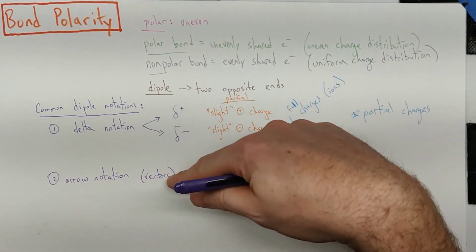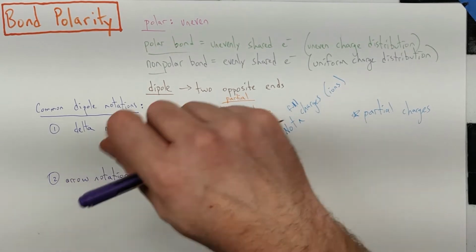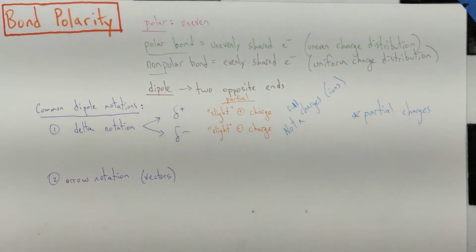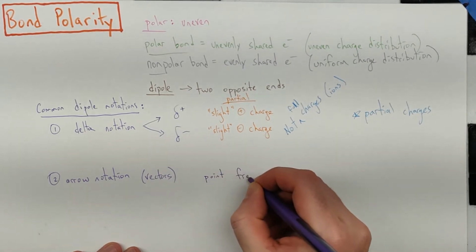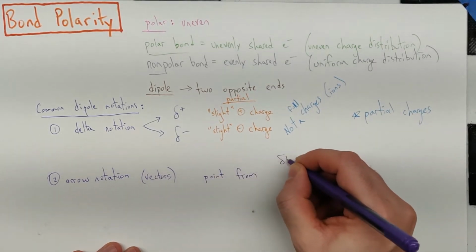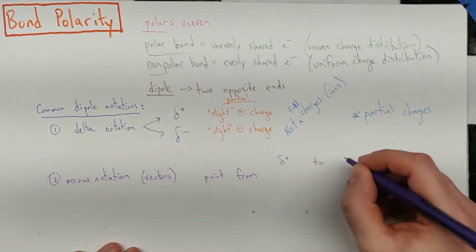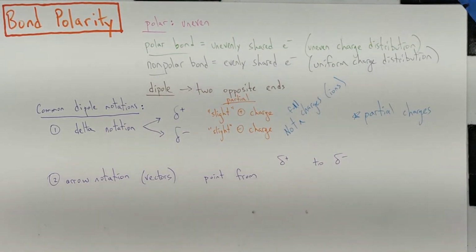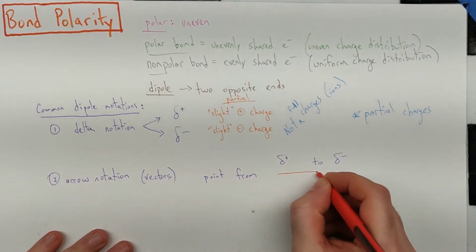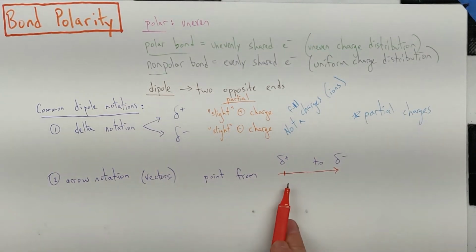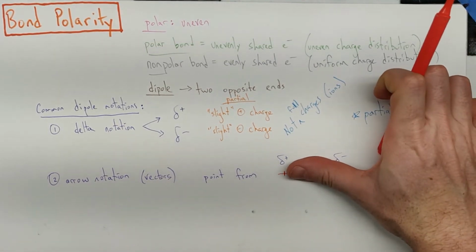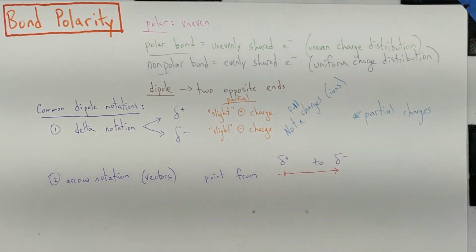A good way to show both magnitude and direction is to use arrows of different sizes. And that's what we're going to be doing here. These point from the slightly positive end to the slightly negative end. We draw our arrow pointing at it, and then we put this extra line on this side, which is slightly positive, so it gets a little plus sign.